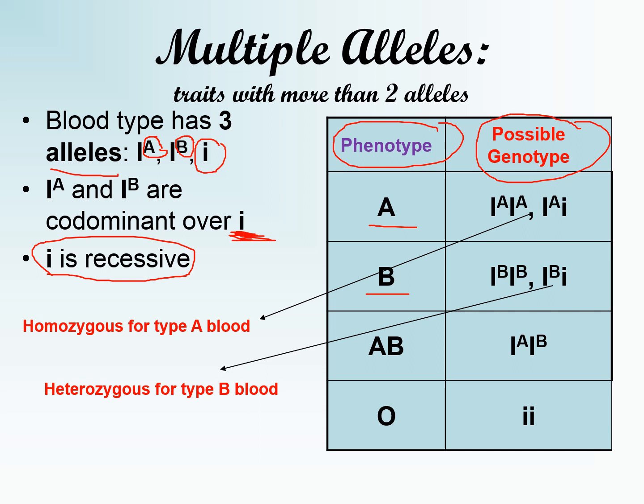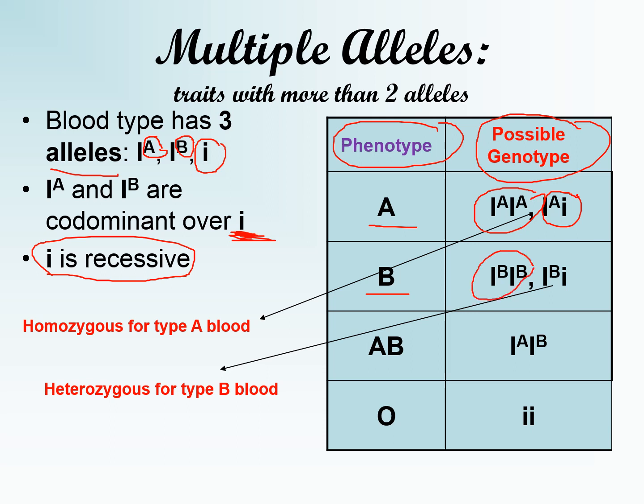So over here, guys, we can say that if you have type A blood, you may be homozygous for type A blood because you're going to have both alleles being big A. You may be heterozygous for type A blood. Remember, heterozygous means different. So you're going to have the big A and the recessive allele right there. Same thing with B blood.